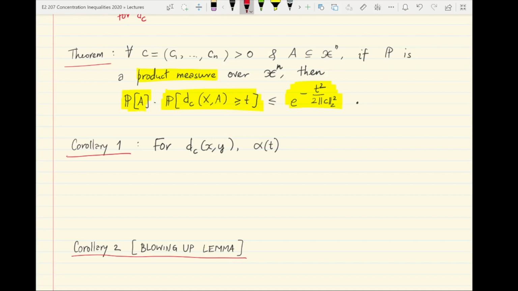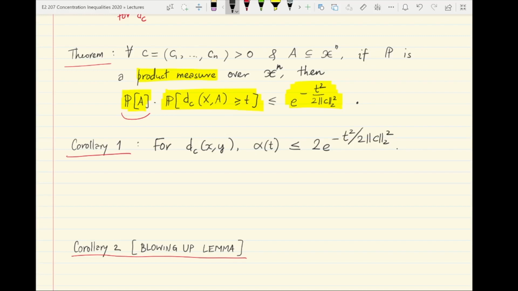So here this probability of A is at least half, so you can use the theorem to get the further lower bound on the left hand side of half times this probability here, and then move the half over to the other side to immediately get alpha of t as being upper bounded by twice e raised to minus t square by 2 norm c the whole square.